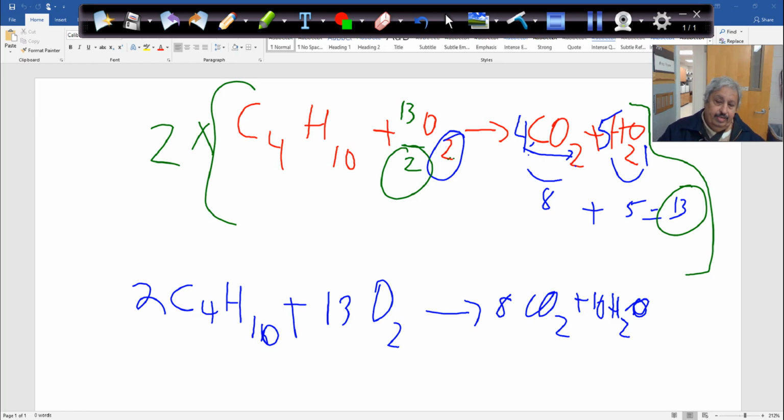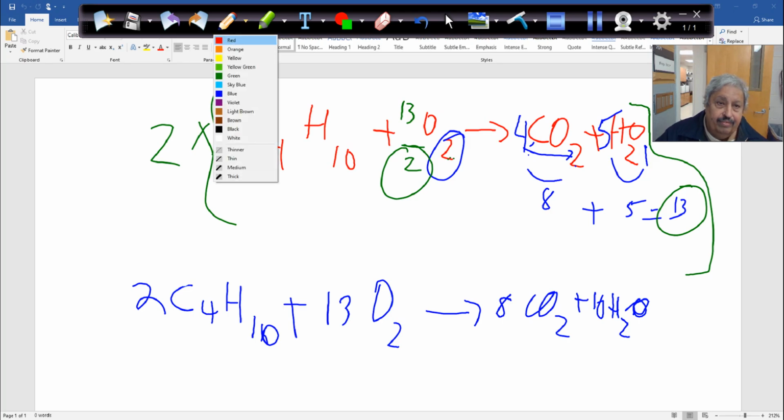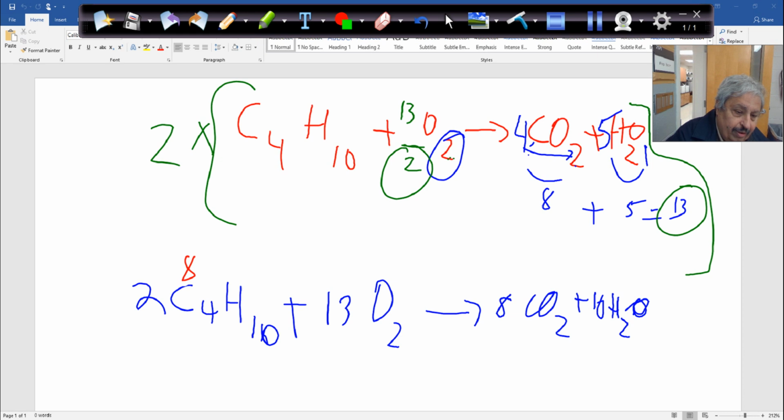Okay, guys. Now let's count this. The carbon, how many do we have? 2 multiplied by 4 is 8. Here, 8 multiplied by 1 is 8. So carbon is good. How about hydrogen? 2 multiplied by 10 is 20, and here we have 20.